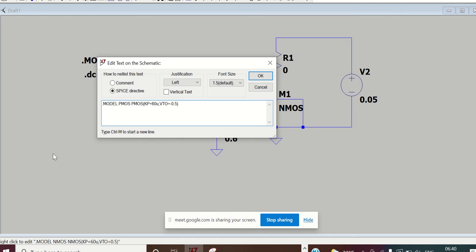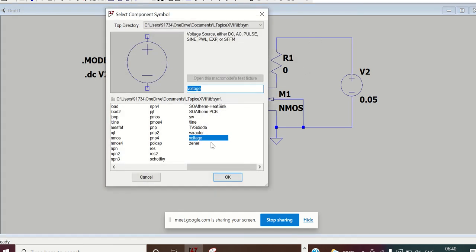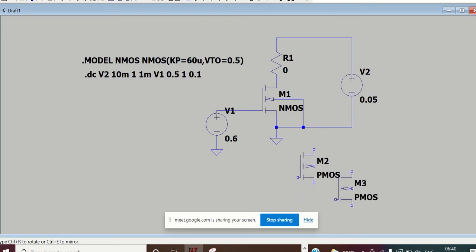That is one change. Other than that, you have to replace this NMOS with a PMOS. That's it. Replace NMOS with PMOS. Try to do this. We will go ahead now.